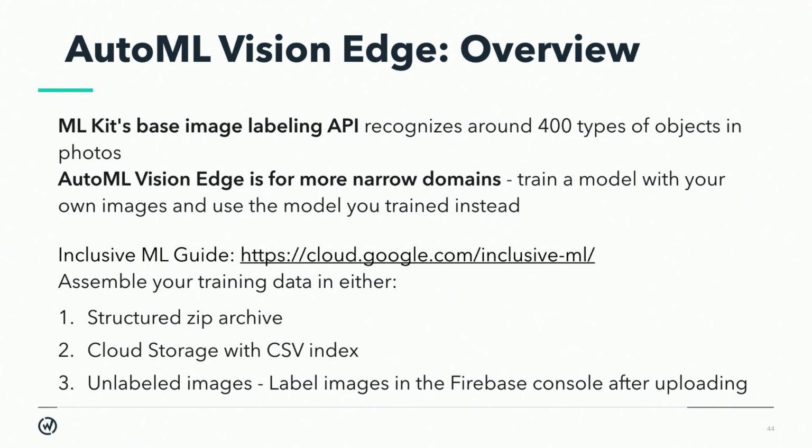And Google has also created an inclusive machine learning guide. So if you're going to use images of people in your application, then you should definitely check that out to make sure that your data set is inclusive. And then you need to provide your data to Firebase.